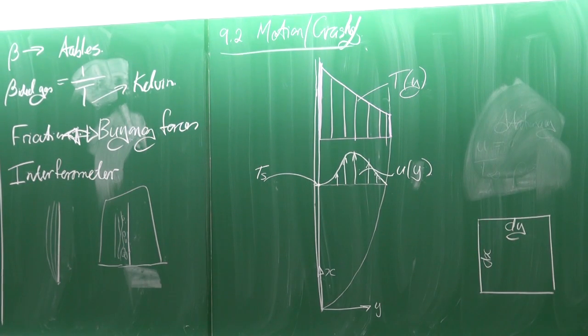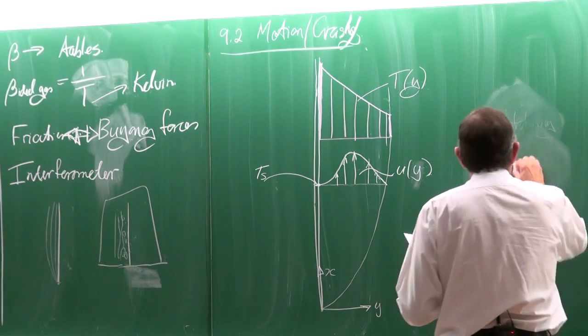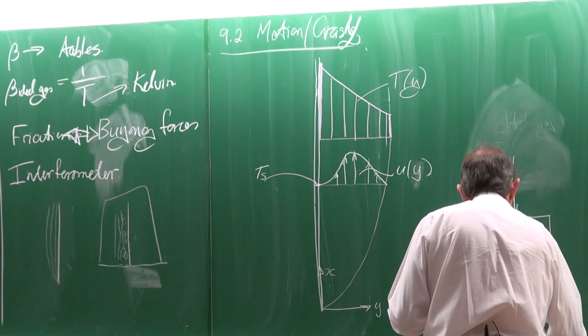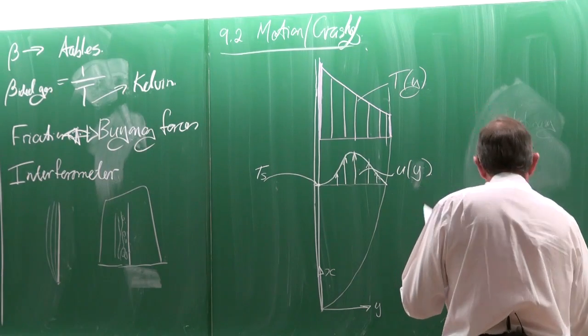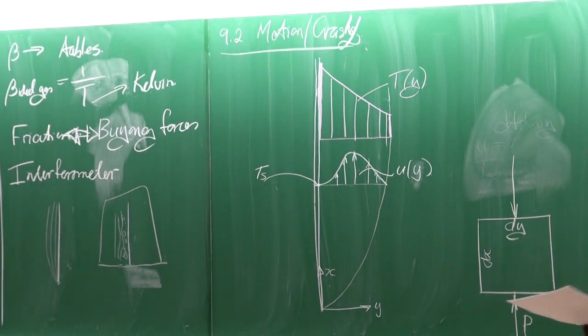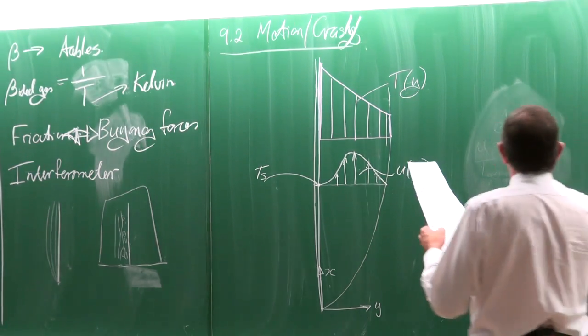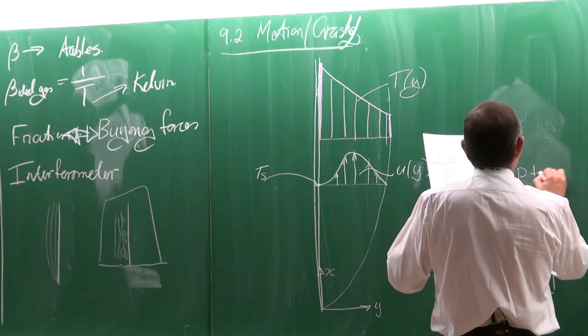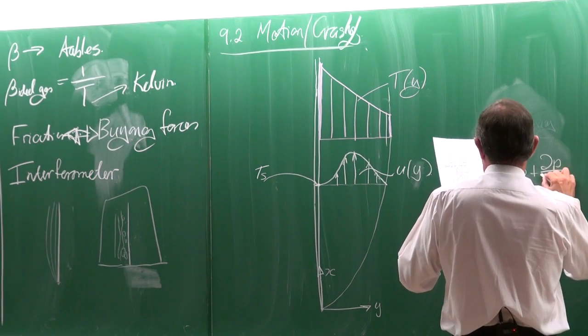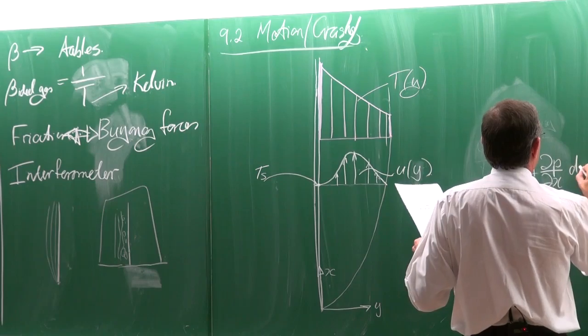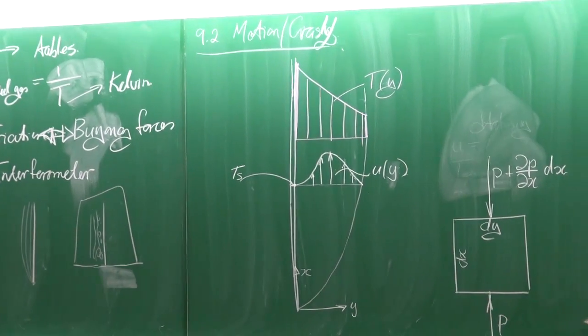And we have on it the two pressure forces. So if this pressure is equal to P, then that pressure there must be equal to P plus partial dP dx multiplied by the distance dx.